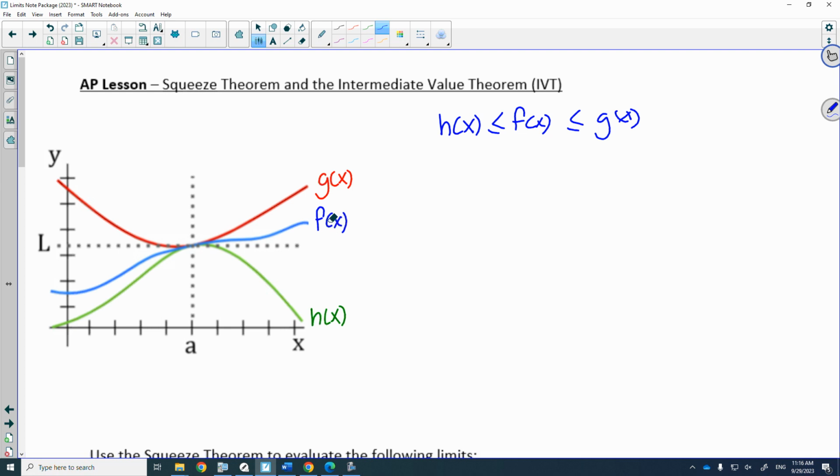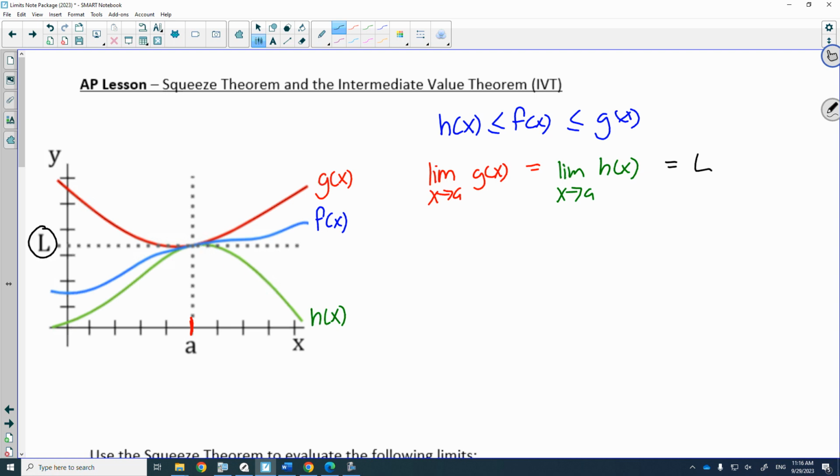What happens is if we take the first function, g of x, and I say the limit as x approaches a of g of x is equal to the limit as x approaches a on h of x, and that is equal to L, so the limit as x approaches a on g of x is equal to the limit as x approaches a on h of x, right?